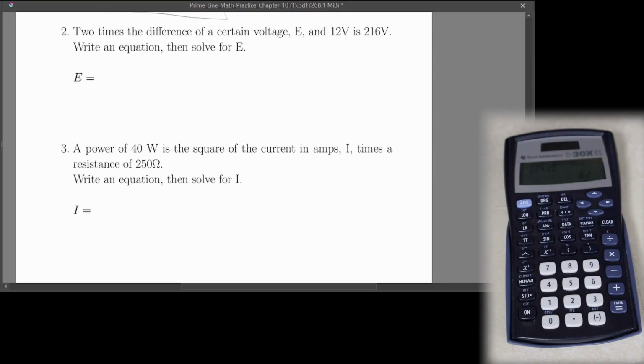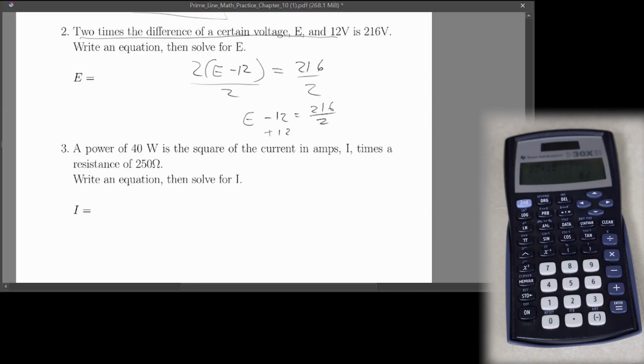Problem number 2. So 2 times the difference of a certain voltage, E, and 12 is 216. So we're taking the difference of E minus 12, and we're doing 2 of that, is 216. From here we want to solve for E, so I'm going to divide both sides by 2. I get E minus 12 equals 216 divided by 2.